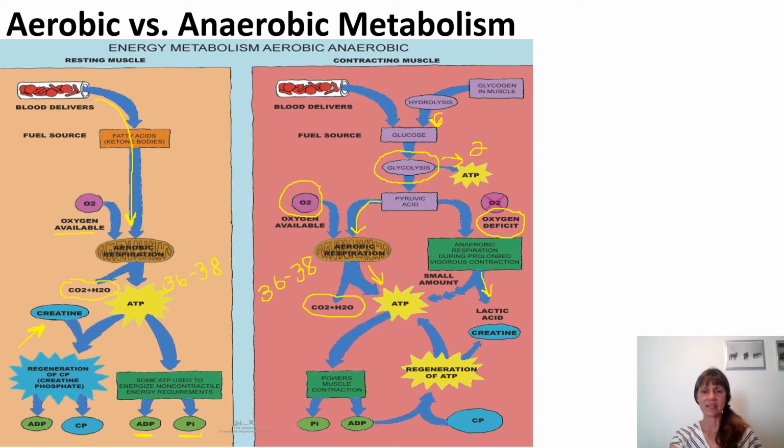And here again, we're seeing the regeneration of adenosine triphosphate when we break it down into adenosine diphosphate and inorganic phosphate, and we can take the phosphate that's stored on creatine phosphate with creatine kinase and move it back onto the adenosine diphosphate to make new adenosine triphosphate.